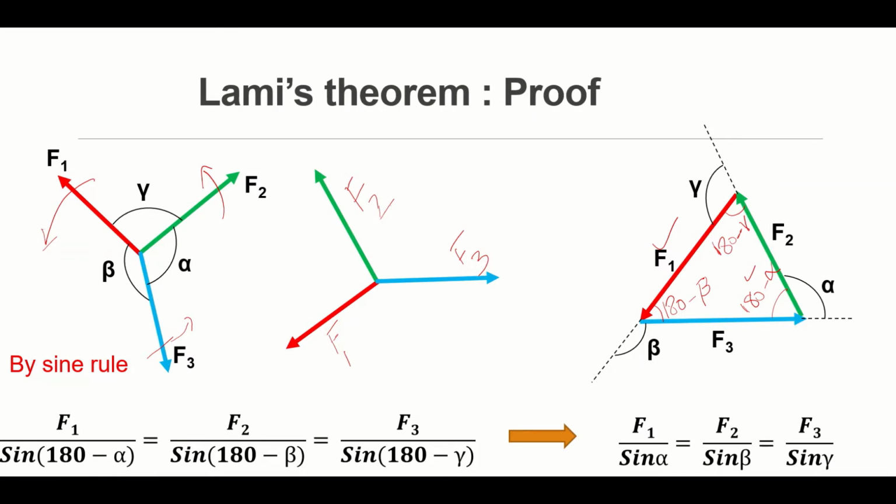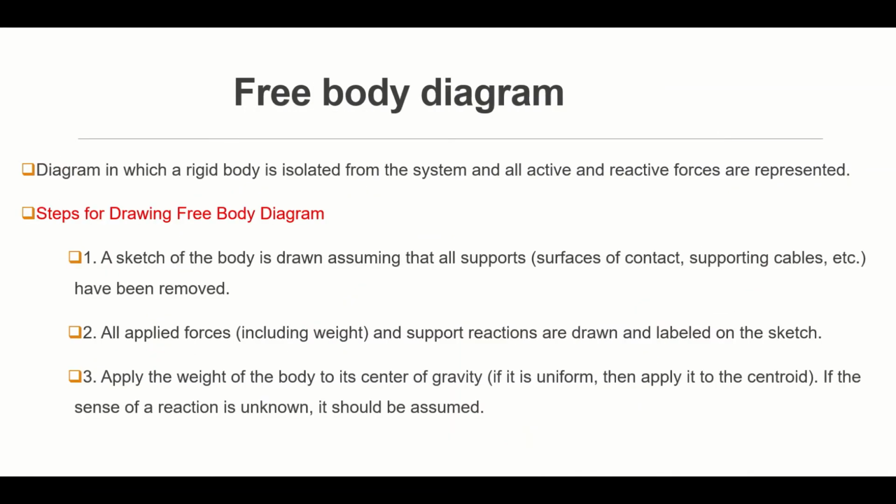Understood? Yeah. The last topic of this session is free body diagram. Free body diagram is a diagram in which a rigid body is isolated from the system, and all active and reactive forces are represented.